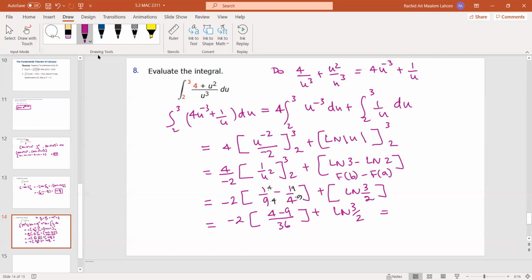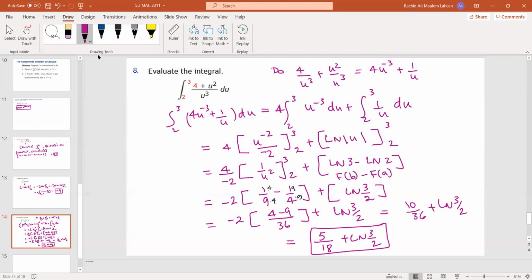So -5 times 2 is a 10 over 36 plus ln e halves. And we'll simplify 5 over 18 plus ln e halves.